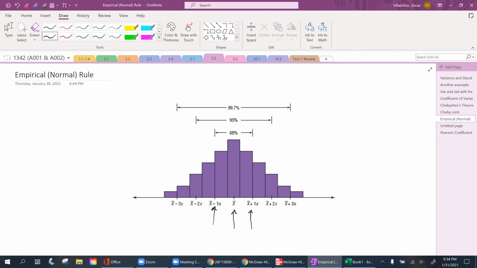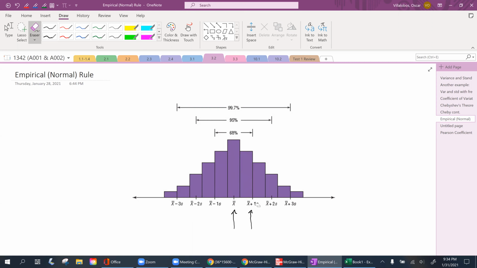And if you notice here, going 1 standard deviation forward and 1 standard deviation backwards lines me up here. This means all the information between there, 68% of the values that you have, are contained there.